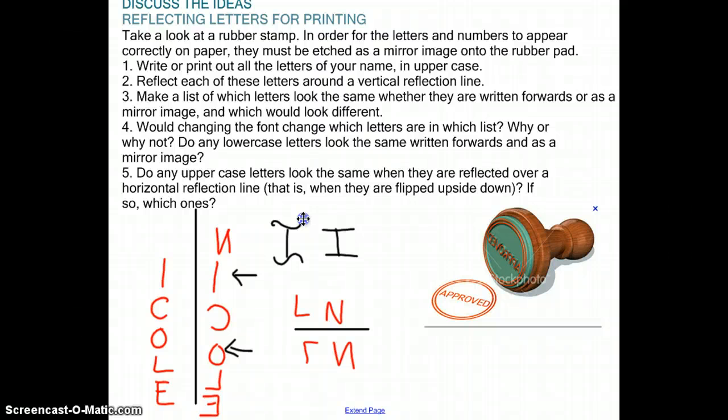So the N's here, if you notice this N and this N, those actually have not changed between vertical and horizontal. However, some letters will be the same as they appear. For example, I would be the same if it was reflected horizontally. Also, letters like K would be the same as reflected horizontally. What other letters can you find?